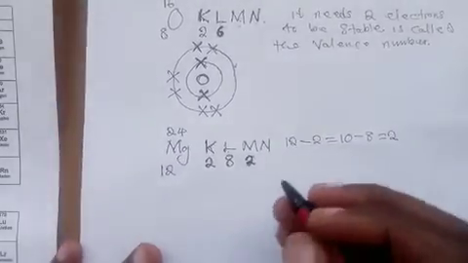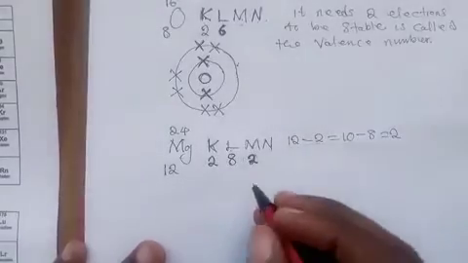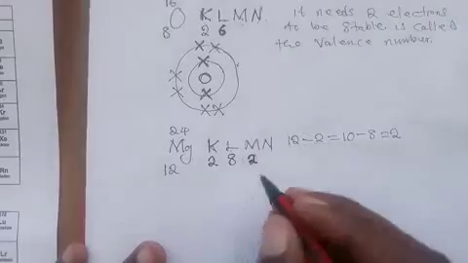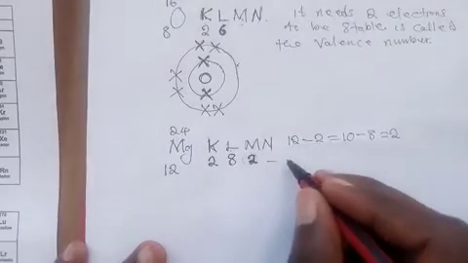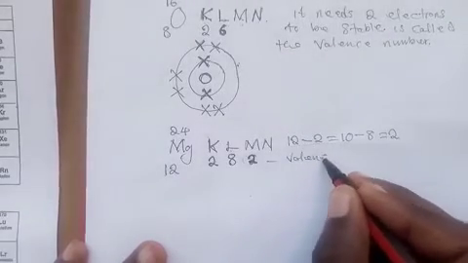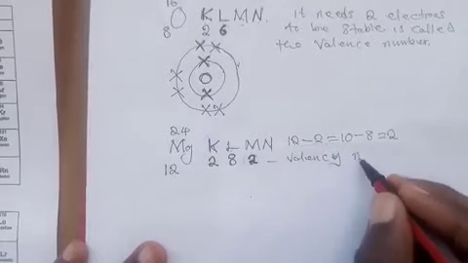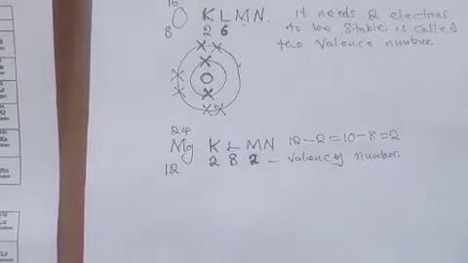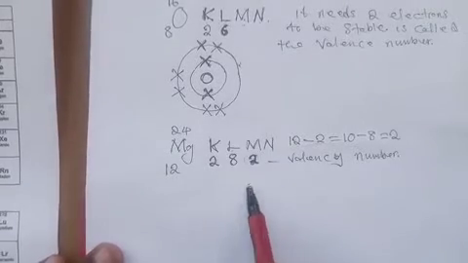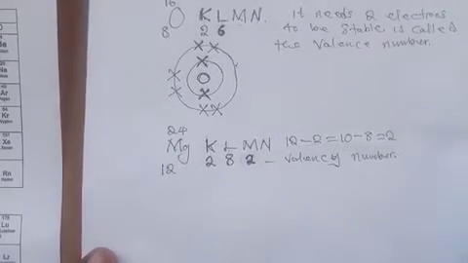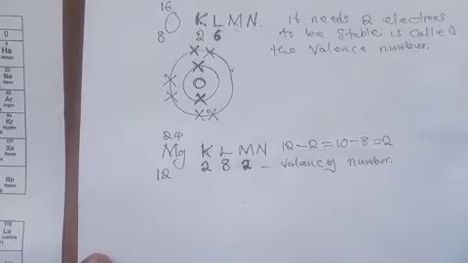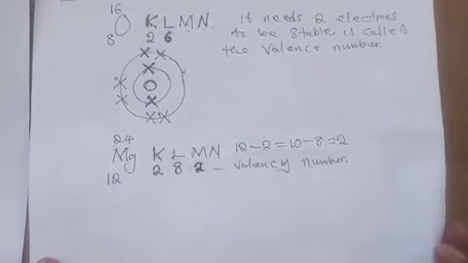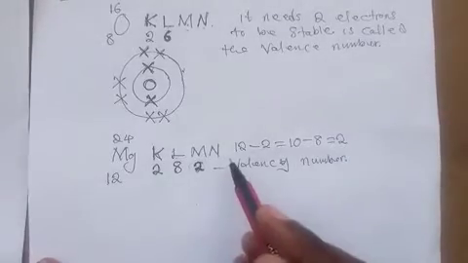So this metal gives 2 electrons, and this is what we call the valence number. Magnesium has a valence number of 2. So that's how you know the valence number.